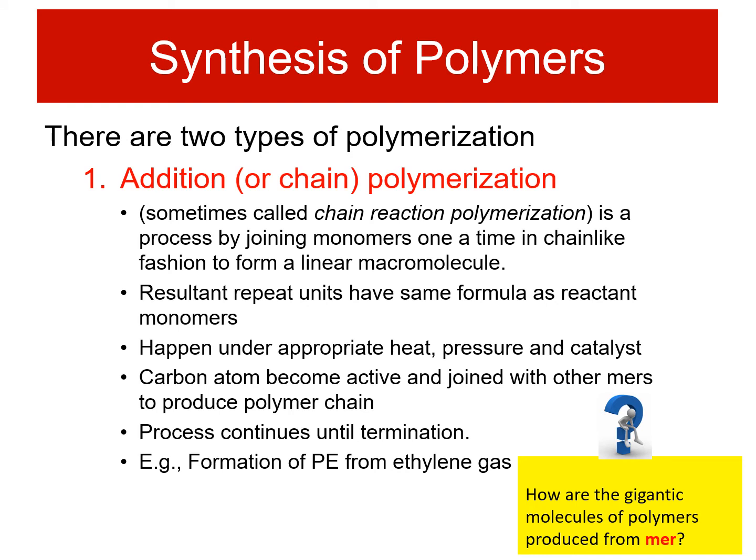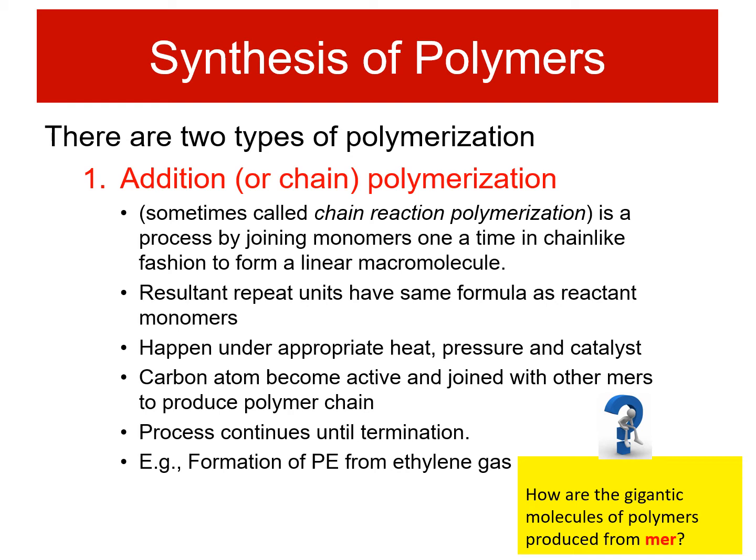Now, let us have a brief look at the synthesis of polymers. Basically, there are two types of polymerization. Number one is called the addition or chain polymerization. It is sometimes called the chain reaction polymerization. It is a process of joining monomers, one at a time in chain-like fashion, to form a linear macromolecule.